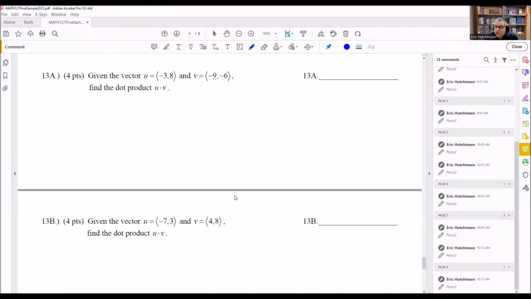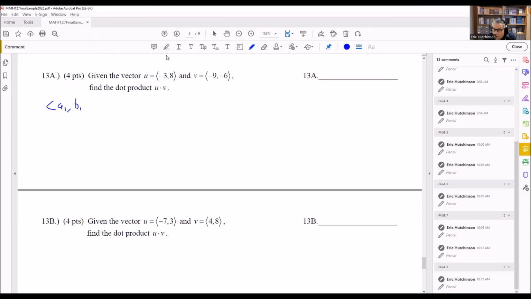Number 13, we have this vector. We want to find the dot product, u times v. So the way the formula works here is if you've got a1, b1, and you have a2 and b2, let me write this as multiplication here.